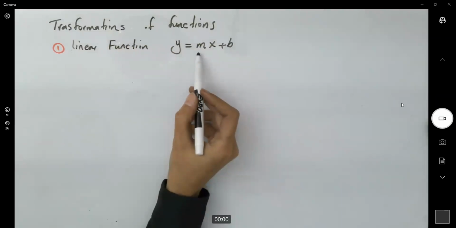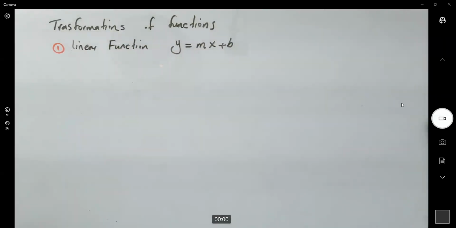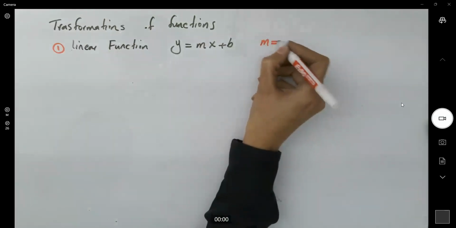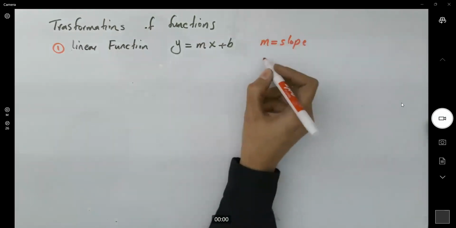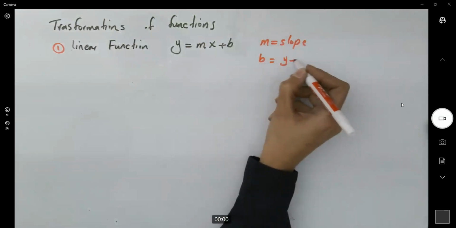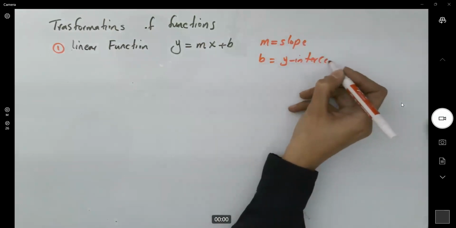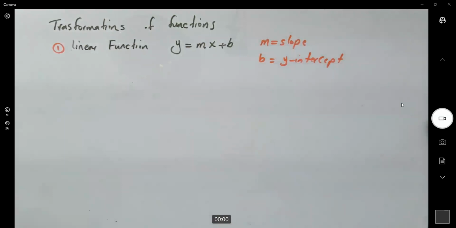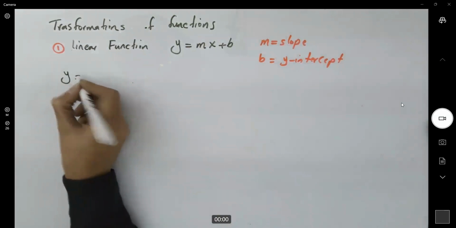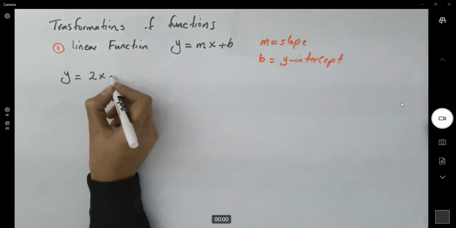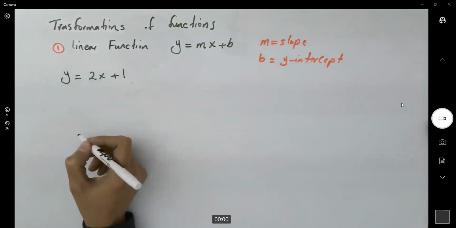Remember that m was the slope and b was the y-intercept. For example, suppose we have a function y equals 2x plus 1.